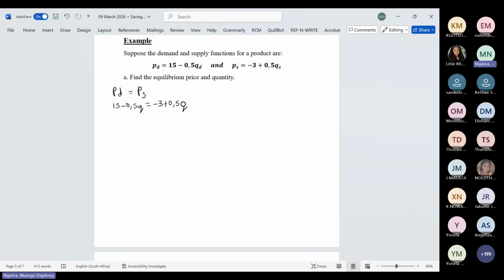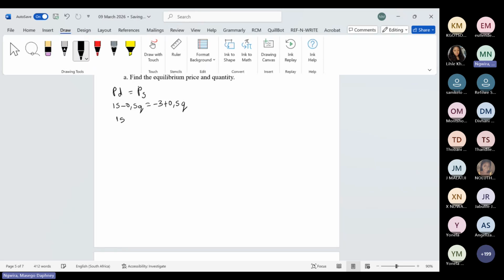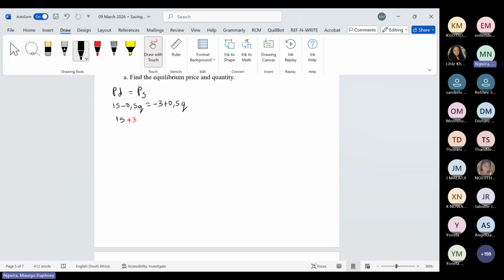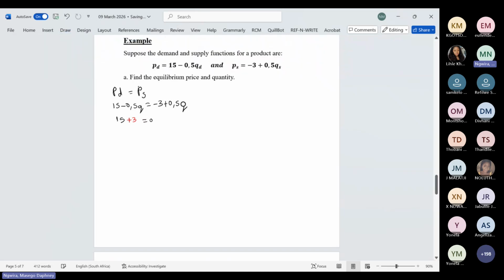Now we collect like terms on one side. It's up to you, you can take the Q's to one side, it doesn't really matter. I'm going to take the 3 to my left. This 3 changes and becomes a plus because it was a negative. Then I have equals 0.5Q.